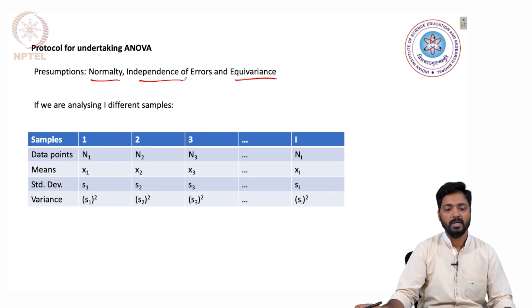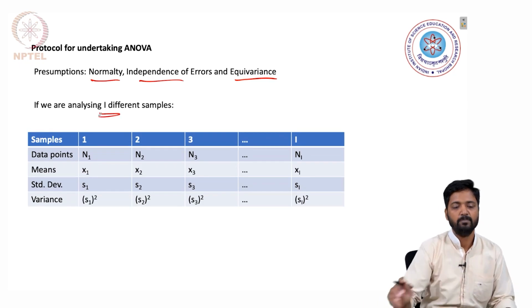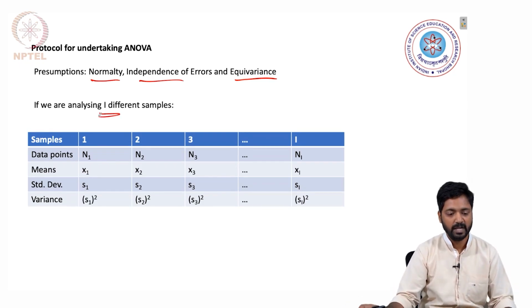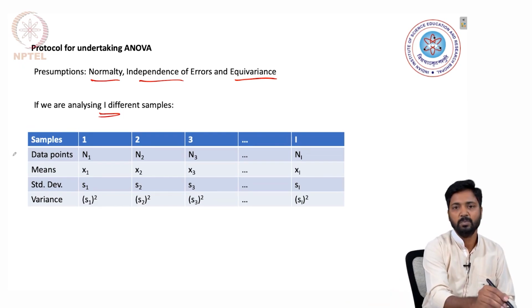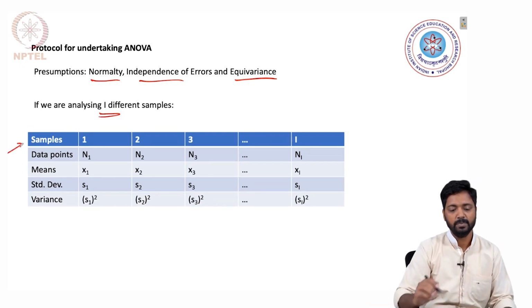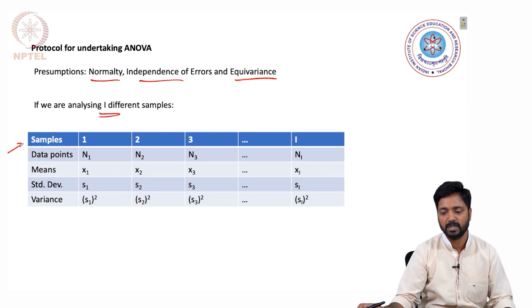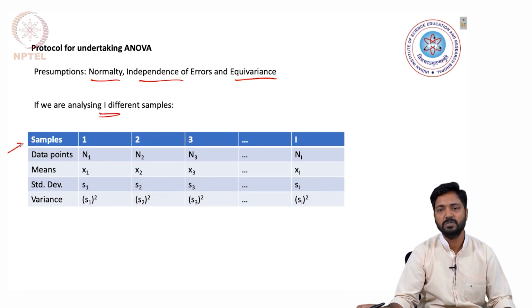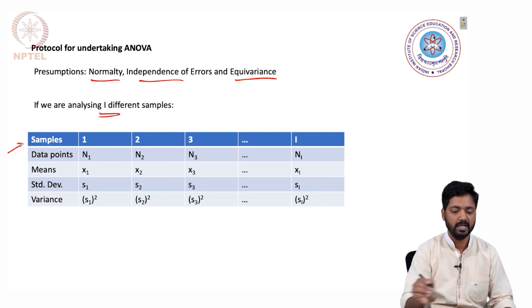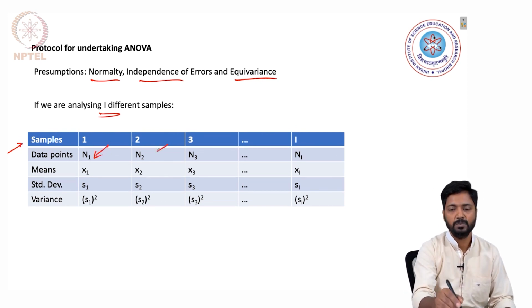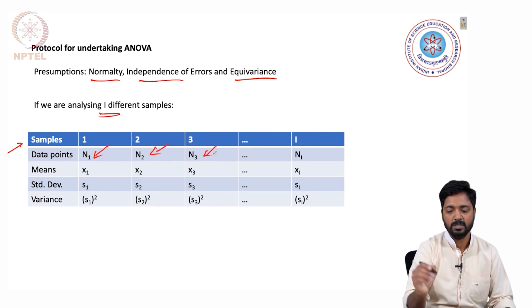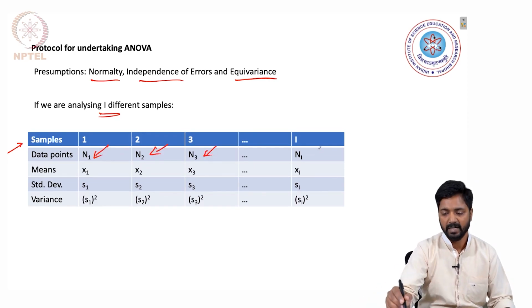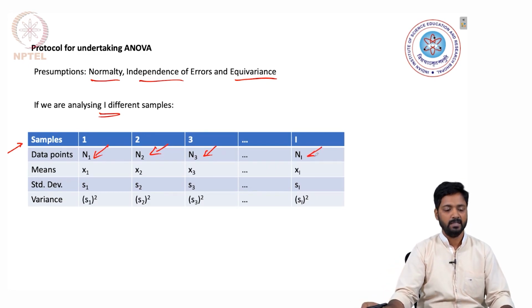In ANOVA, if we are analyzing I different samples, I have made it in a tabular form, that we have samples as 1, 2, 3 up to I, and these samples individually have data points like N1, N2, N3, and so on, and for the ith data set it is Ni.